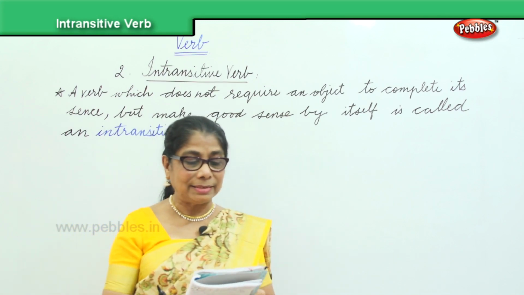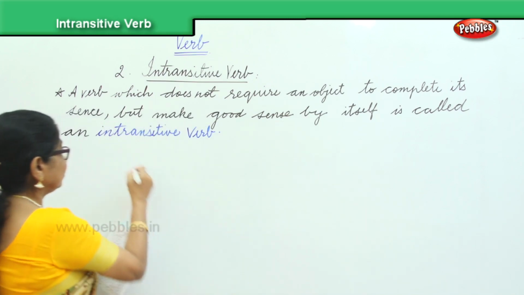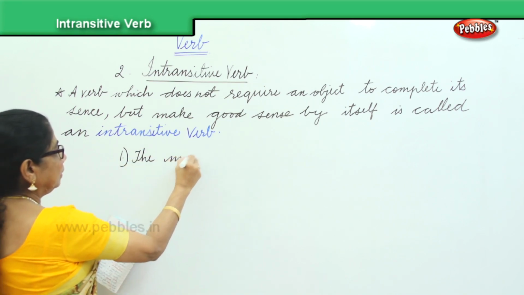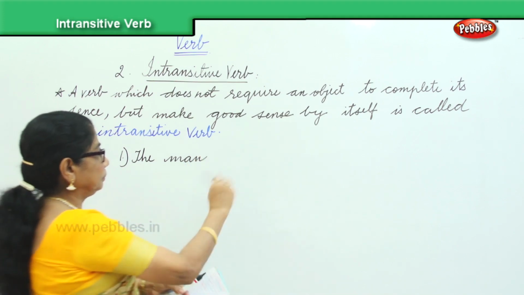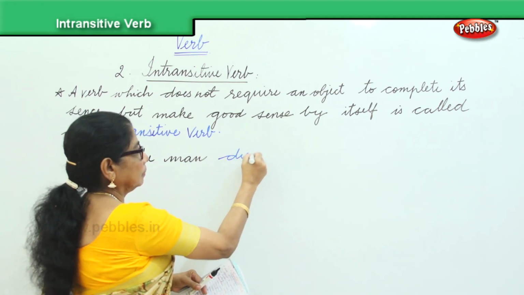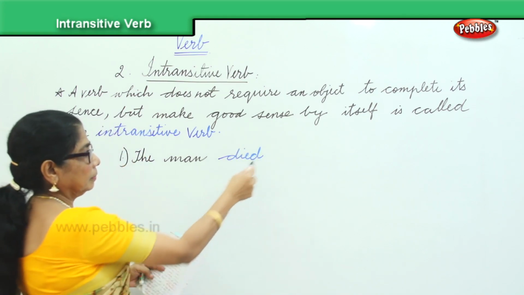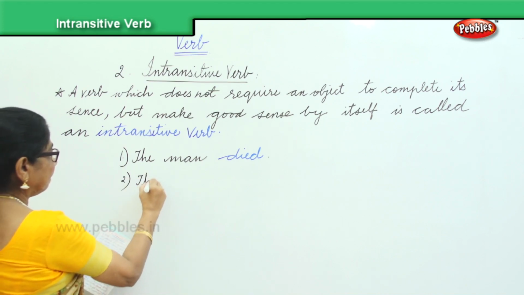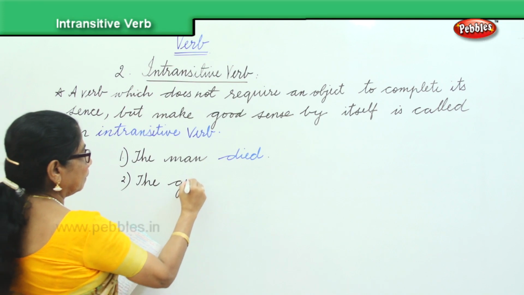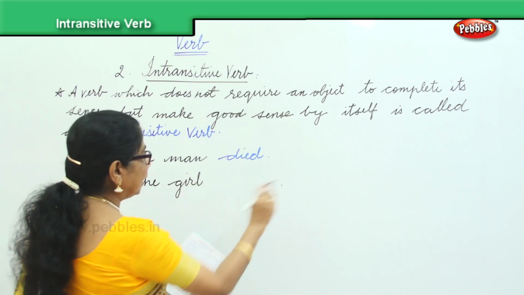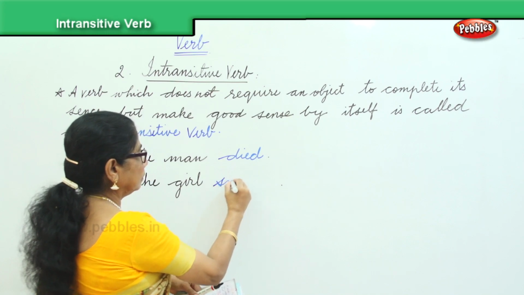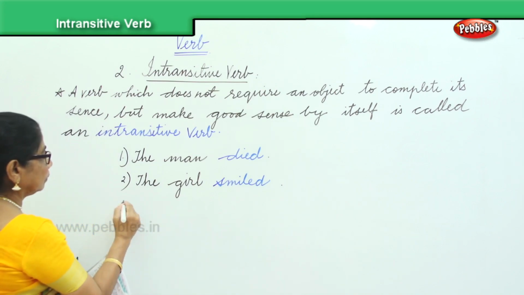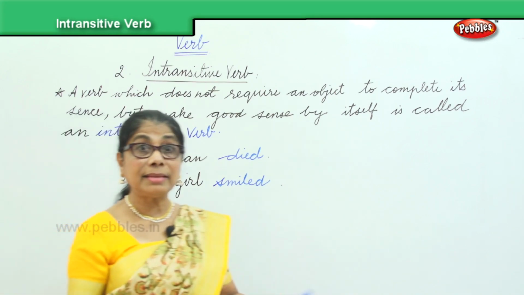Let's look at some of the sentences here. The man died. The girl smiled. Another sentence, the sun shines.